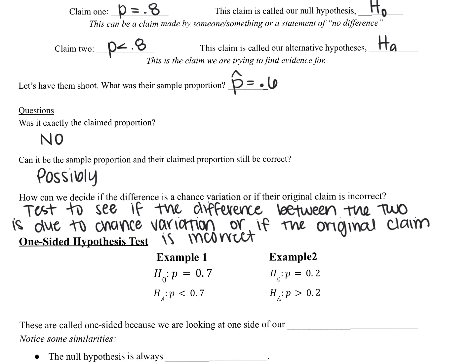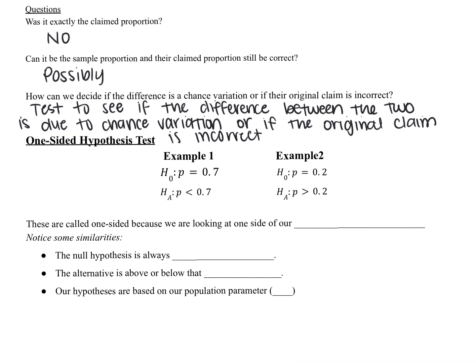So the first thing we're going to talk about is how we set up a hypothesis test. The first type of hypothesis test is a one-sided hypothesis test. That means you are specifically looking in one direction for your alternative hypothesis. So for the first example, your null hypothesis is that the proportion is 0.7 and your alternative is that it's less than 0.7.